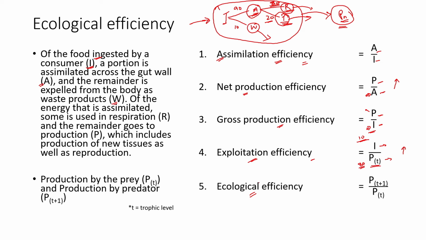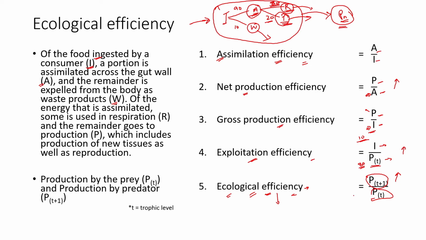Now, when we talk about multiple trophic levels, ecological efficiency talks about how much energy and production values are involved between the prey and predator. It is basically telling us that the predatory and prey interaction and the production by the predators and the prey needs to be in an equilibrium state.